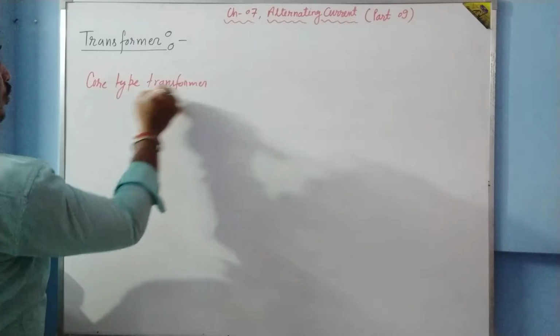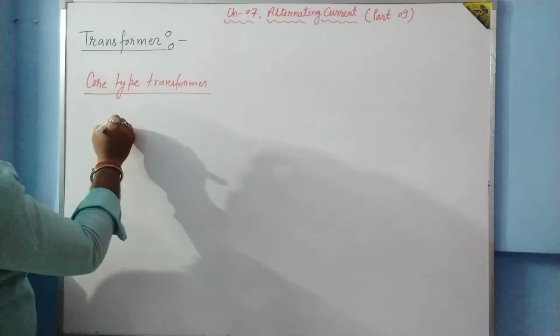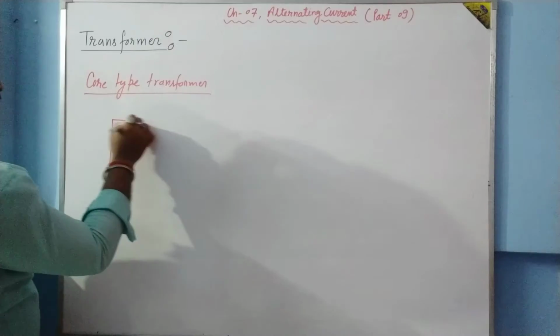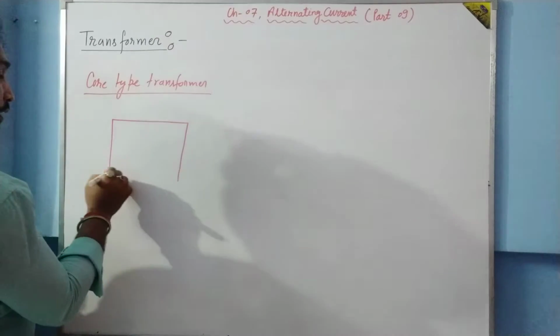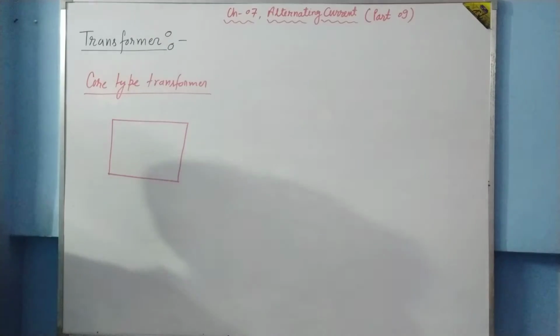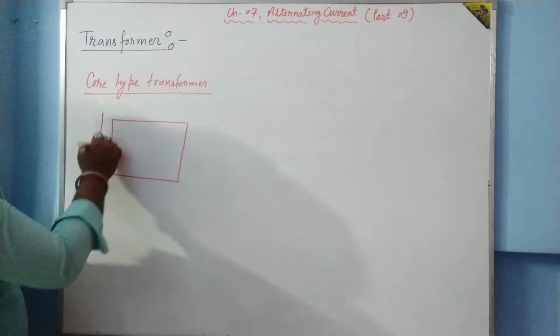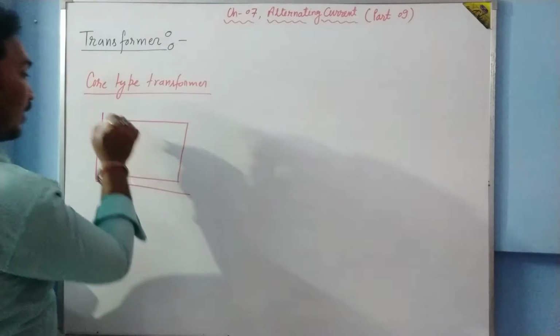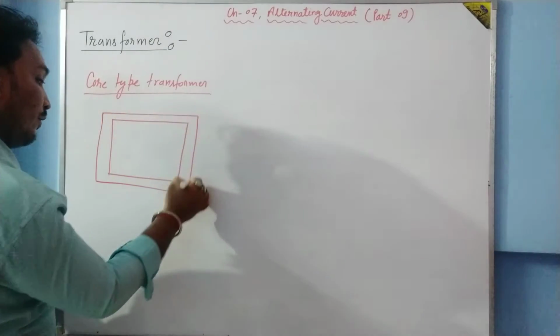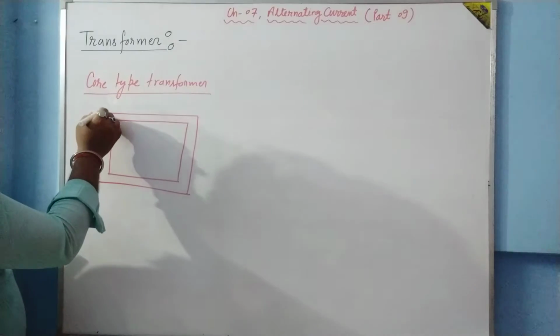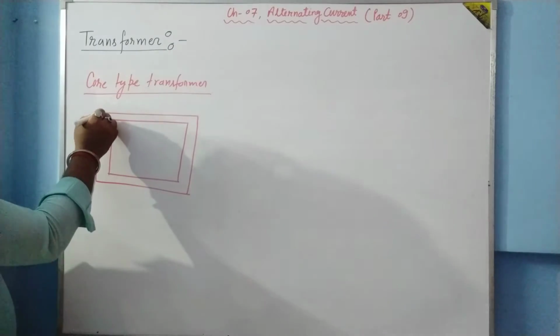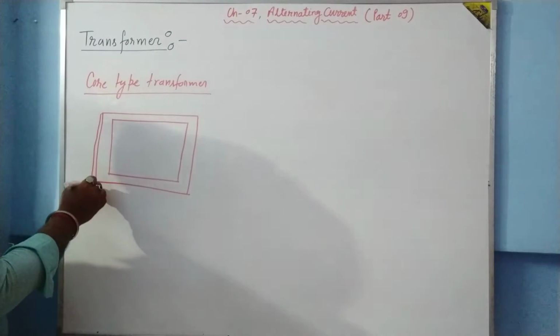What is that? Core type transformer. So basically, there is an iron core. It is, you can say, rectangular thin plates, and so many plates are adjusted side by side, right?